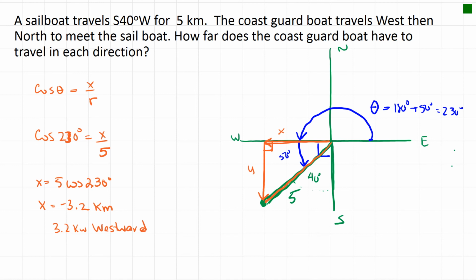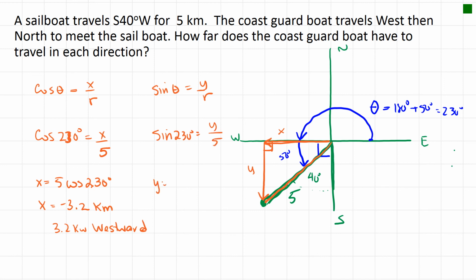Now let's try that again with how far south he has to go. We're going to find the y value. So for the y value, we're going to use the sine ratio, y over r. The sine of 230 degrees equals y over the radius, which is 5.